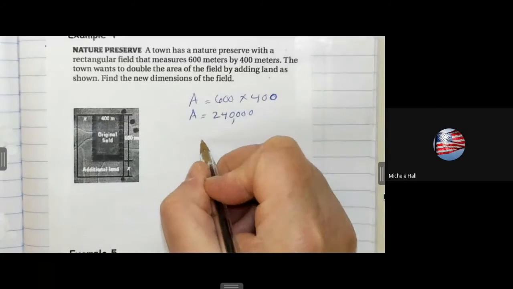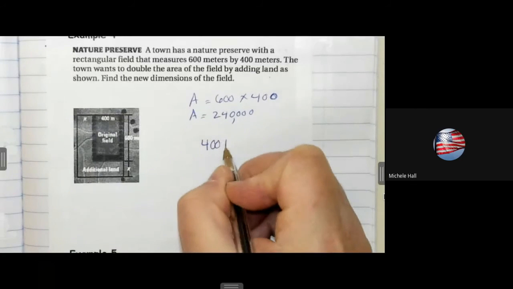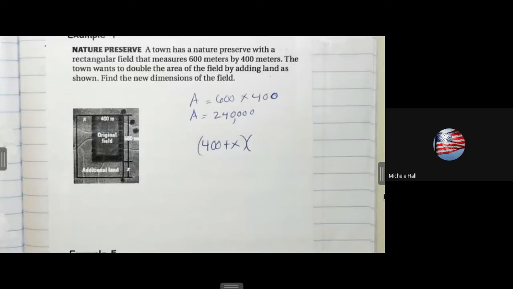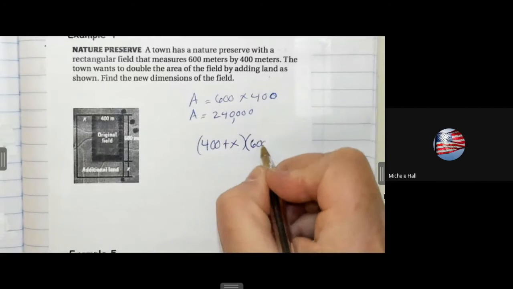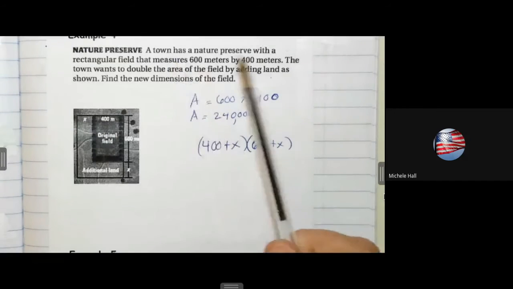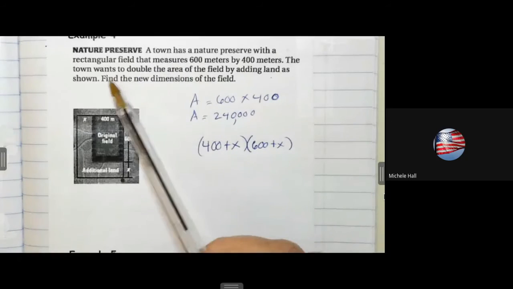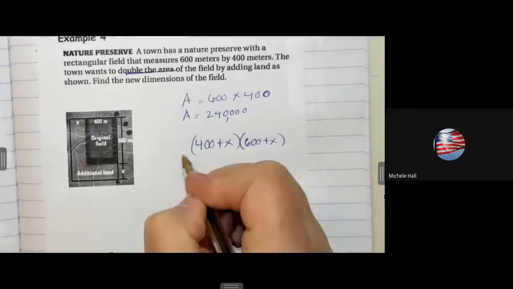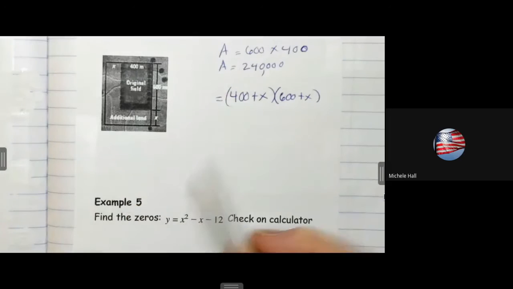So we know that one side is 400 plus x times the second side, because it's area. How much is the second side going to be? 600 plus x. And I know I'm missing a piece of information here. The town wants to double the area. So how much is the area then?